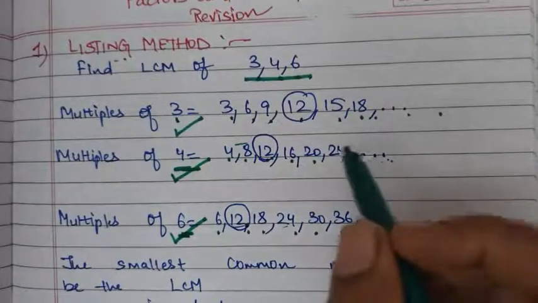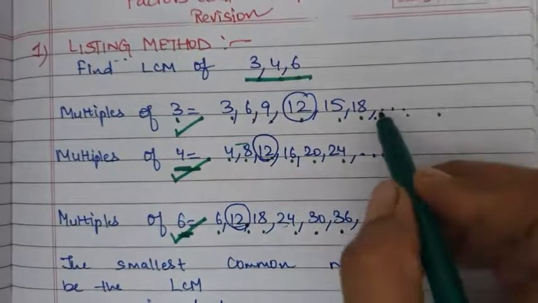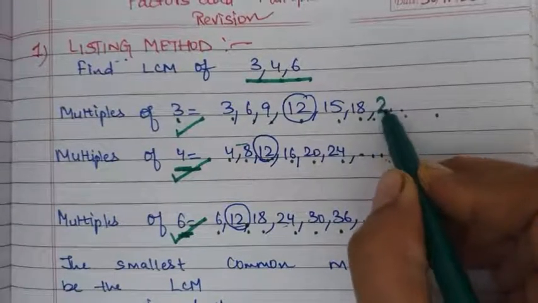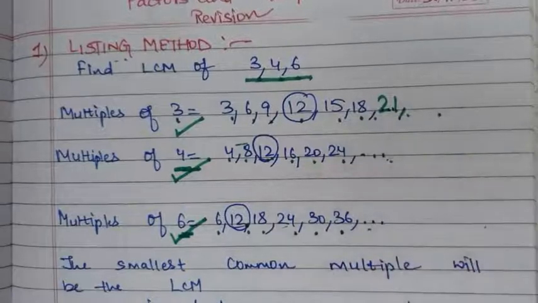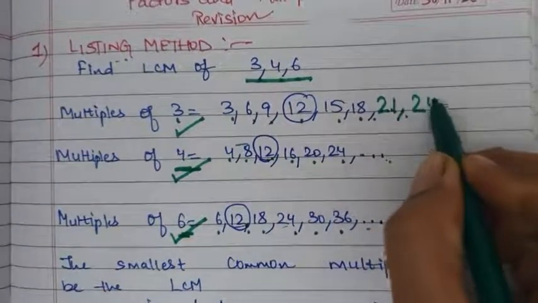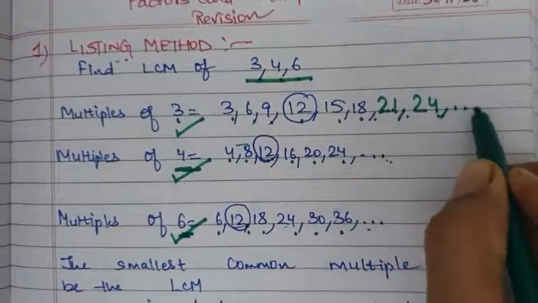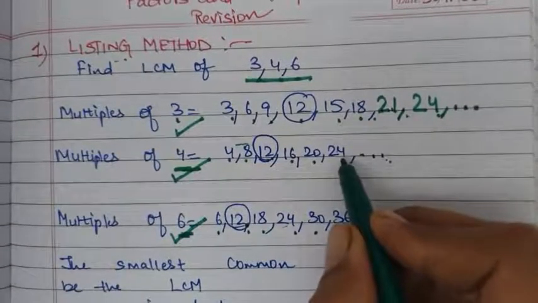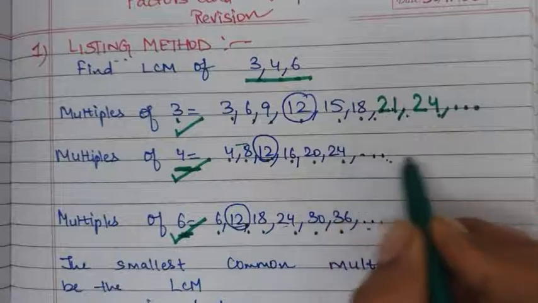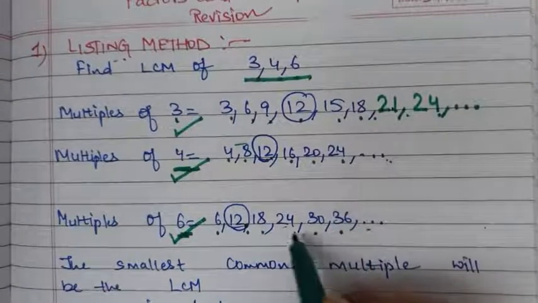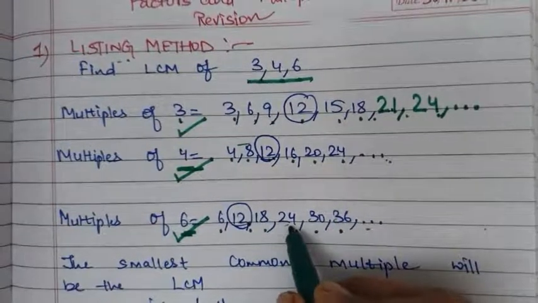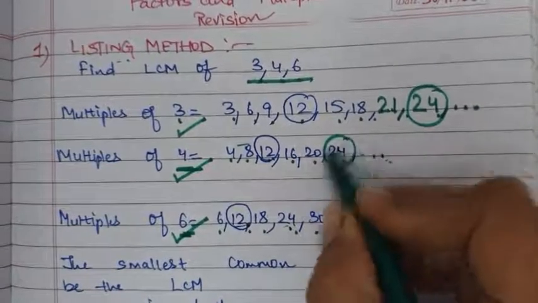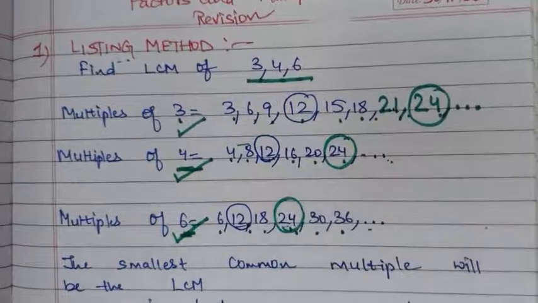You can also check it further. Now what will come here? 21. Then 24, and so on. There is 24 already, so I am not writing more. 24 is already there, so let us circle them also because they are common.